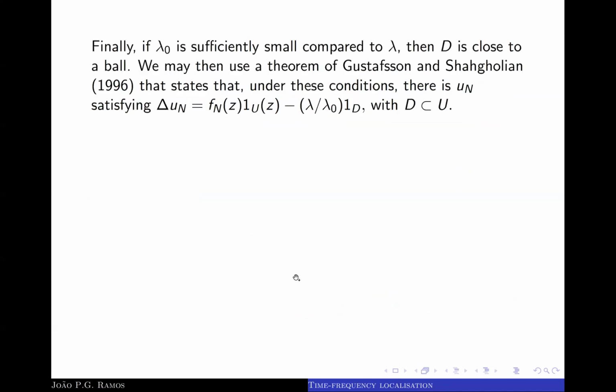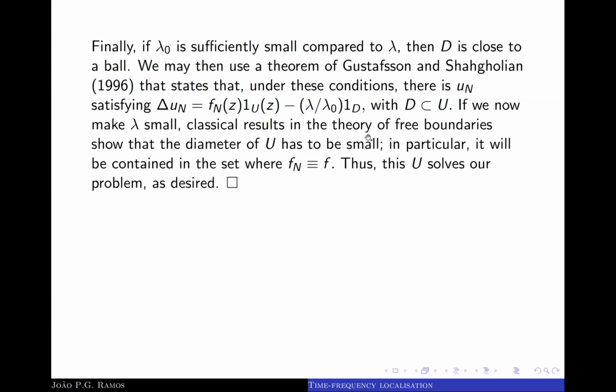So finally, if lambda 0 is sufficiently small compared to this lambda parameter we're setting, then this set D is going to be close to a ball. We can use a result of Gustafsson and Shahgholian, which actually manages to find a solution to the previous truncated problem. And if we make lambda small enough, then we can also guarantee that this solution was actually a solution to the original problem, and we're done.